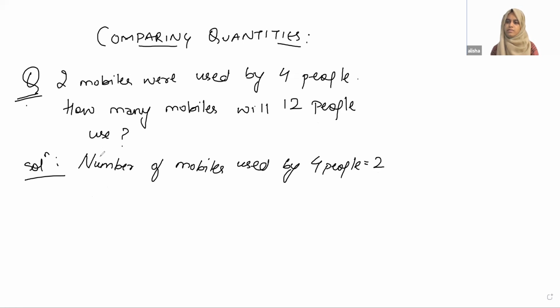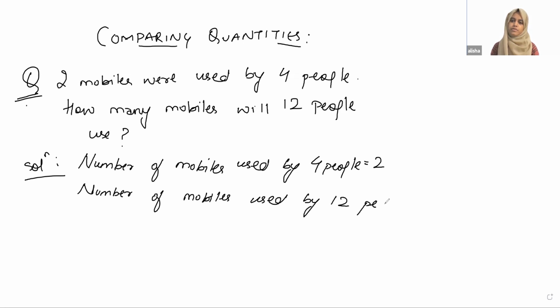Total number of mobiles 12 people will use. Yes. Or number of mobiles used by 12 people, right? Equals to how much? Now you can solve your question which you have done in your notebook, right?